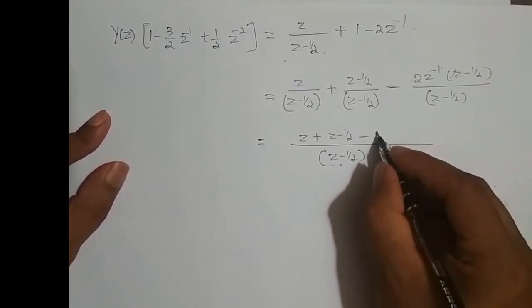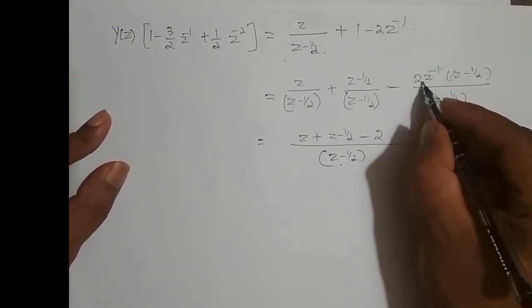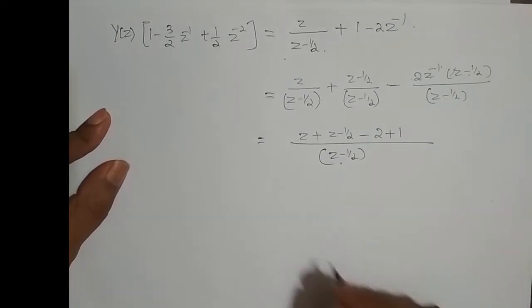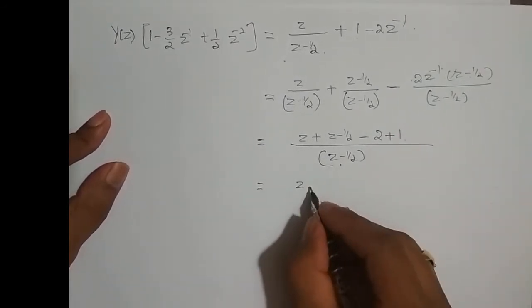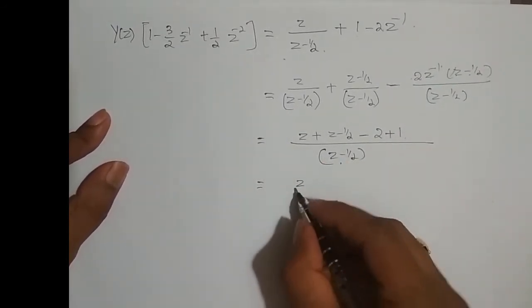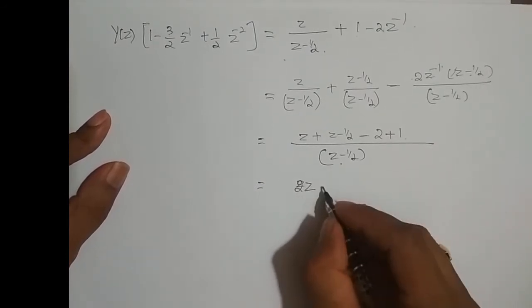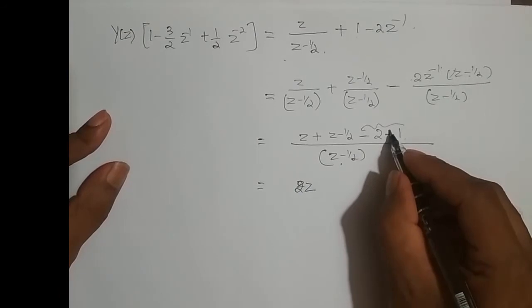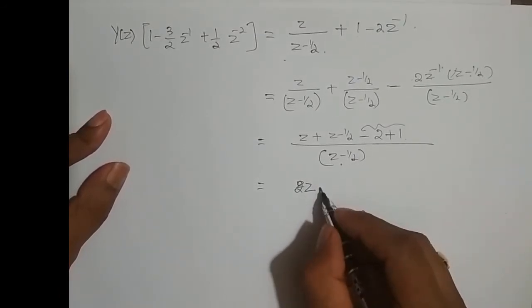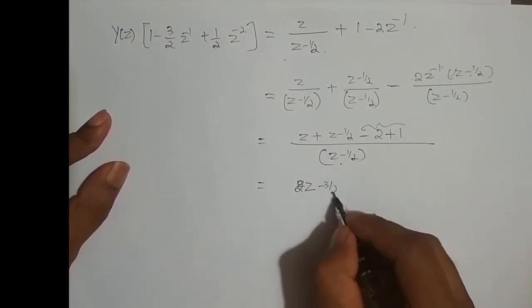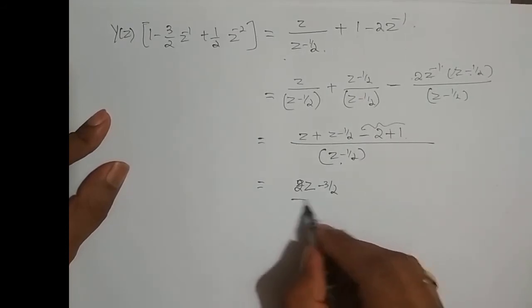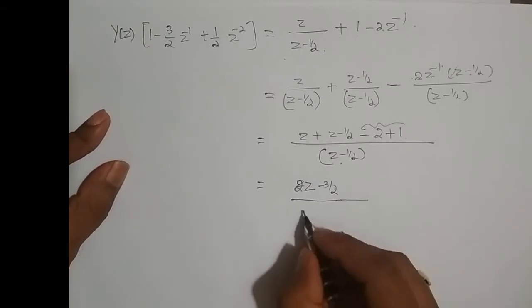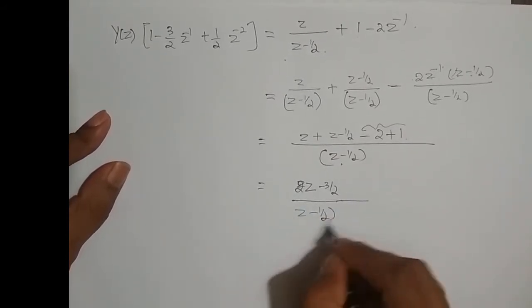These two cancel out, I get 2, and minus into minus is plus 1. So this happens to be z plus z is 2z, and this is minus 1. Minus 1 by 2 is minus 3 by 2, whole divided by z minus 1 by 2, right?